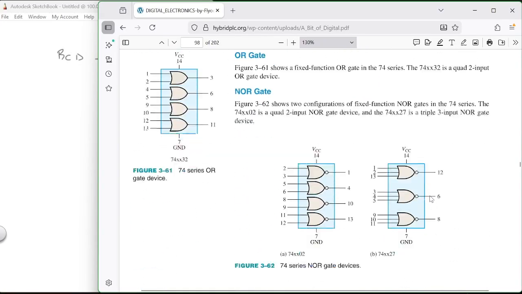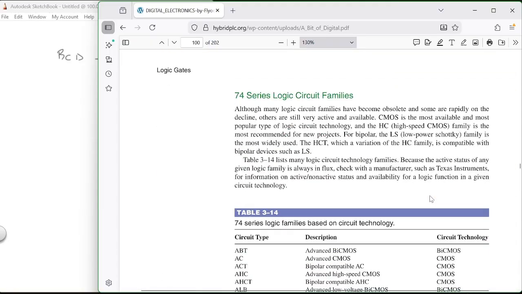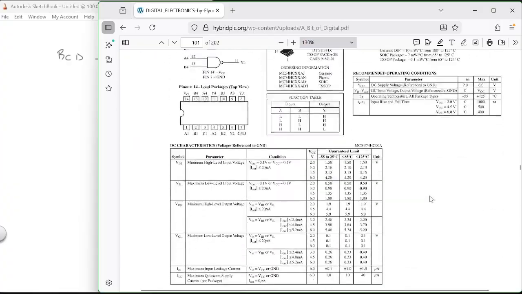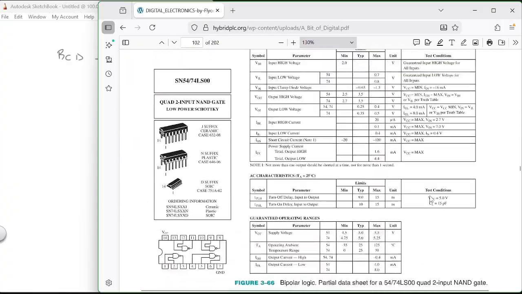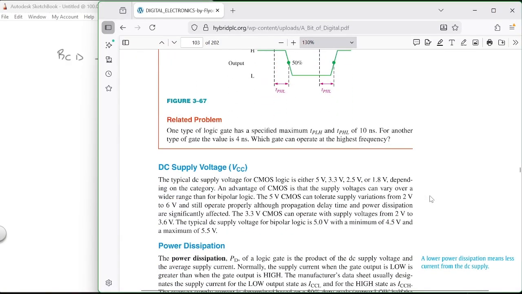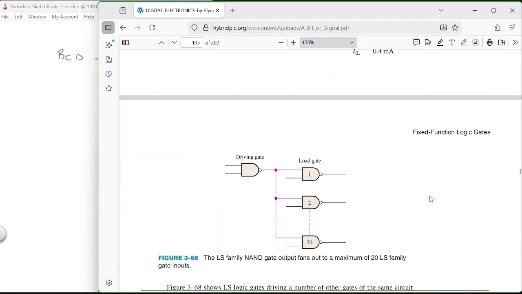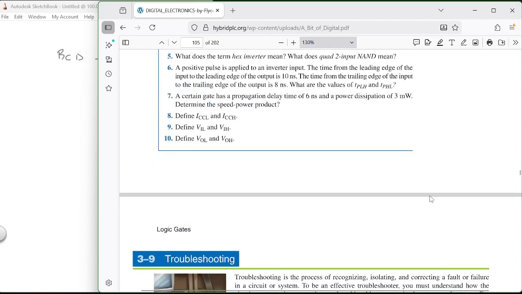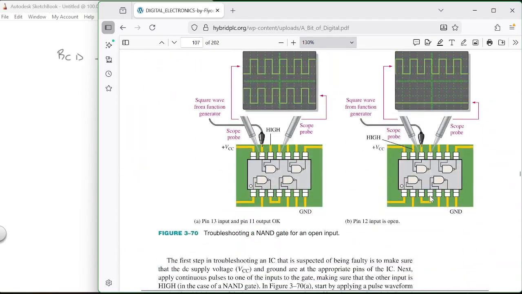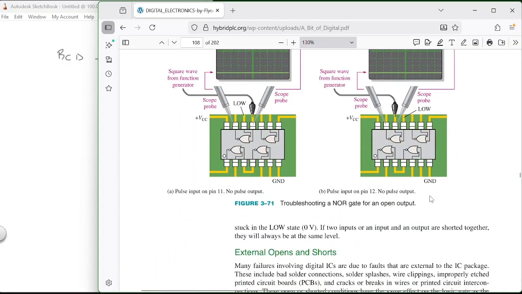So at the end of this chapter, there are a few of these timing diagrams, and you might be interested in just practicing and looking at them a little bit. More here than we need. But it's something you can go back and look at from time to time as you need this in the real world.